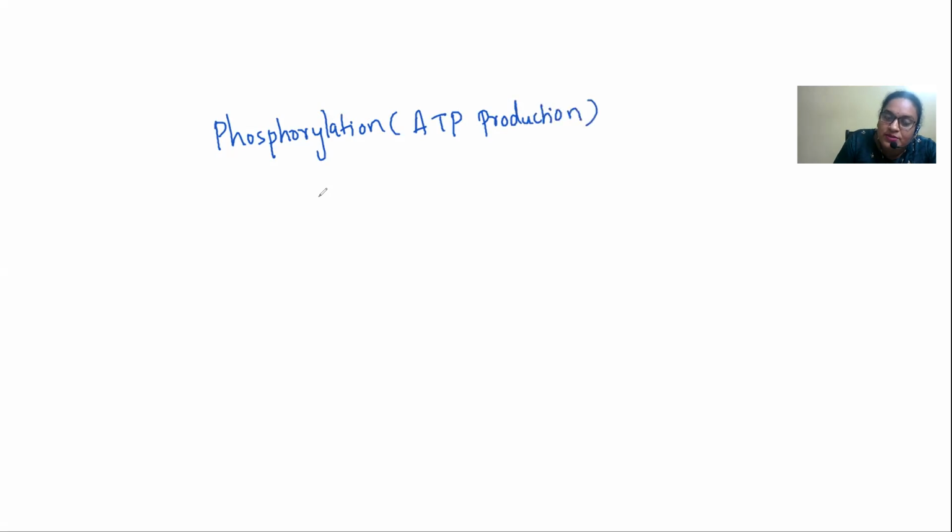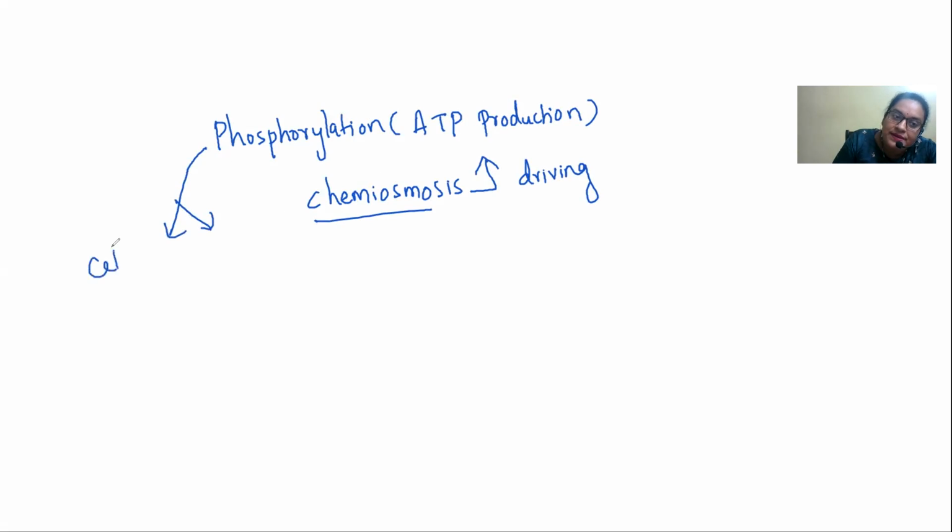When you speak about the production of ATP, we have to think that there is compulsorily the chemiosmosis process driving this procedure. Who is driving ATP production? Chemiosmosis. So phosphorylation is happening in which processes? It is happening in cellular respiration as well as in photosynthesis.